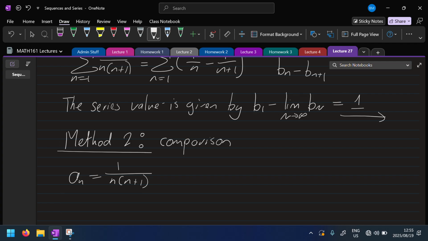Now this bottom part, instead of doing the whole partial fractions, let's simplify this out. So n goes inside, so it'll be n squared plus n. Now this n in the denominator there, it's positive, right? Greater than or equal to 1.